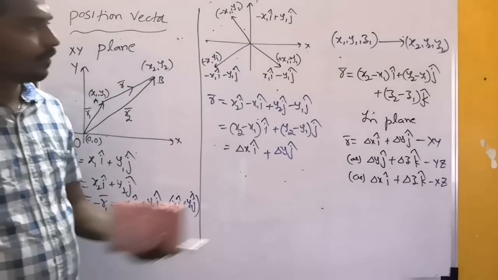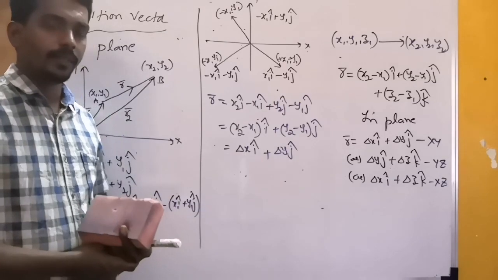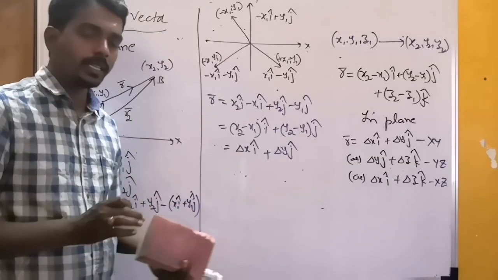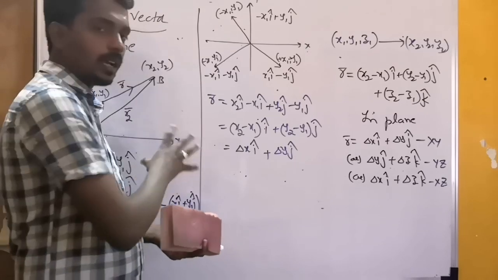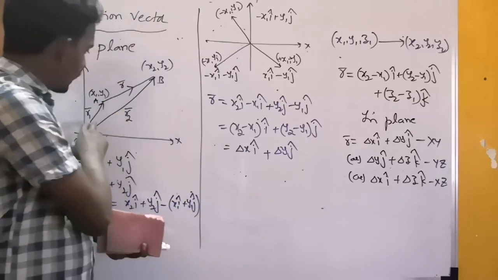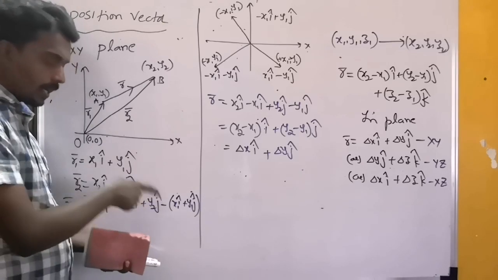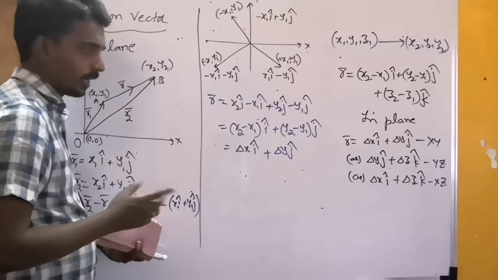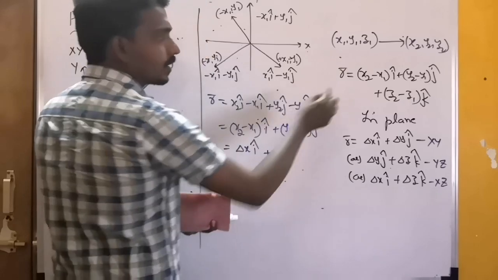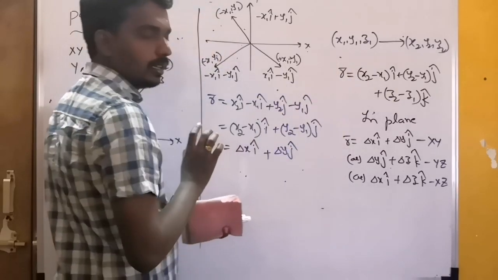So this is the way of representing a vector. Representation of a vector depends on coordinates, initial coordinates and final coordinates. And final minus initial coordinates you have to take, like I have taken here. Final minus initial.